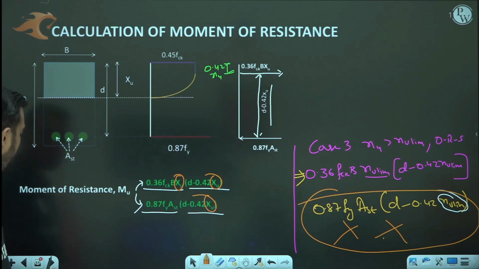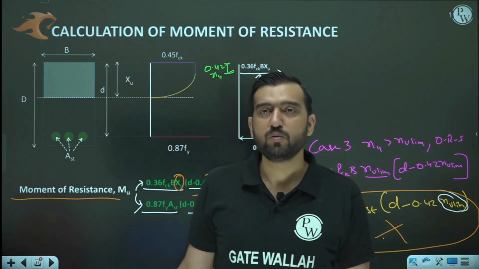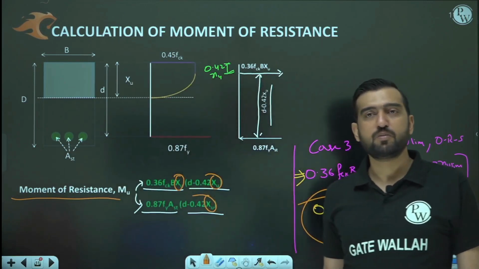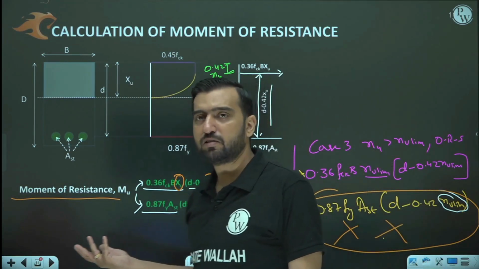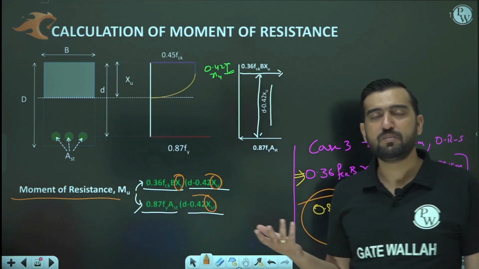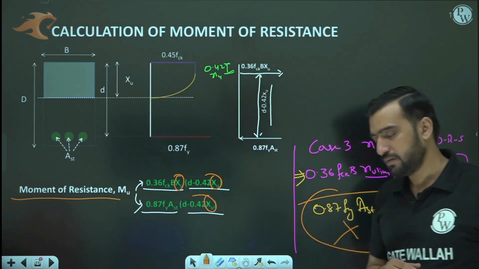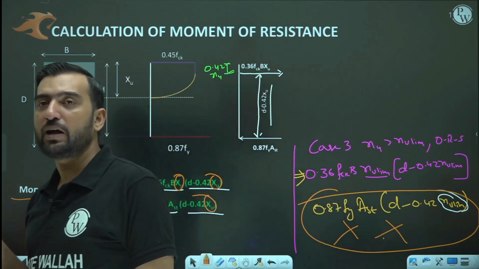Now, my dear friend, after getting the value of moment of resistance, simply you can equate this moment of resistance with the maximum bending moment, may it be WL square by 8 in case of simply supported UDL, or depending upon the beam condition, you can calculate it, and you will get the value of W, which is nothing but the factored load.